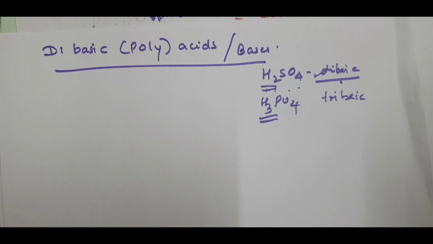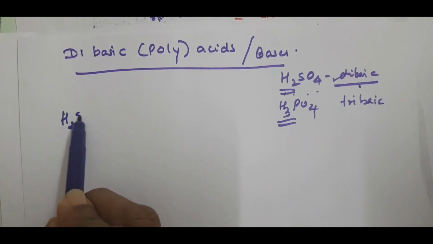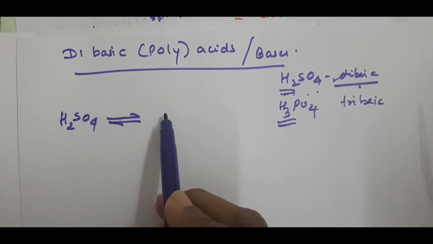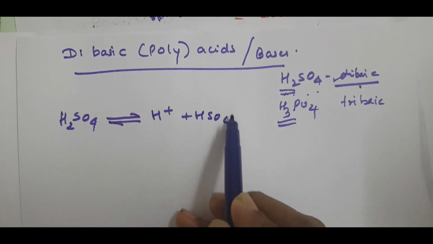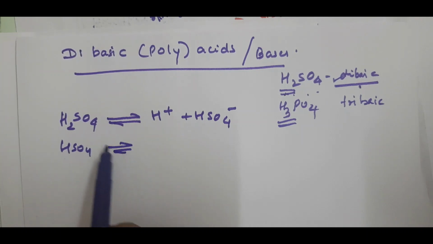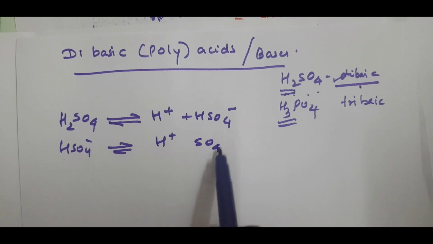So clear? Now we will take an example. We will take sulfuric acid as an example. For example, H2SO4. Correct. H2SO4, in the first case, what happens? It will form H plus and HSO4 minus. Correct. And in the second case, HSO4 minus will form H plus and SO4 2 minus.